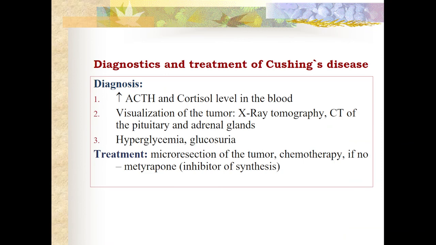Diagnostics and treatment of Cushing syndrome or disease. Diagnostics are based on increased ACTH and cortisol level in the blood, and instrumental methods, visualization of the tumor. We use X-ray tomography, CT of the pituitary and adrenal glands.